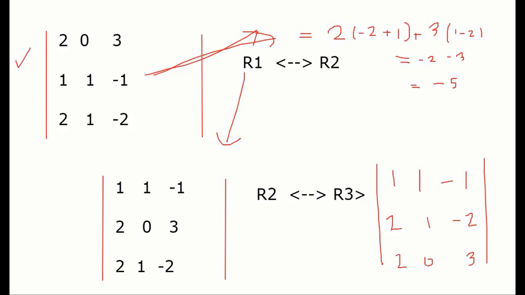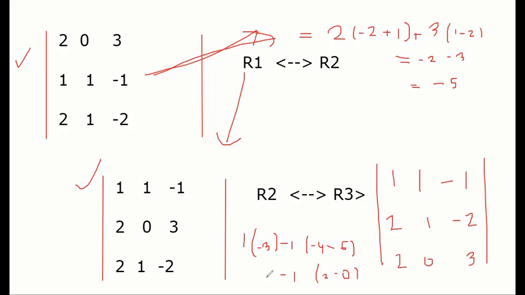Let's find the value of the determinant now, this one. What will we get? 1 into 0 minus 3, so minus 3. Minus 1 into minus 4 minus 6, minus 4 minus 6. Minus 1 into 2. Minus 0.